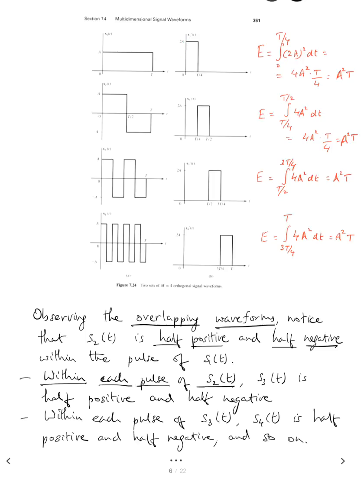M in this case is 4, so a root of 4 is 2, so 2a, and the duration of each pulse is t by m, which is t by 4. Likewise we can create non-overlapping orthogonal waveforms for m equal to 8, 16, 32, and so on.